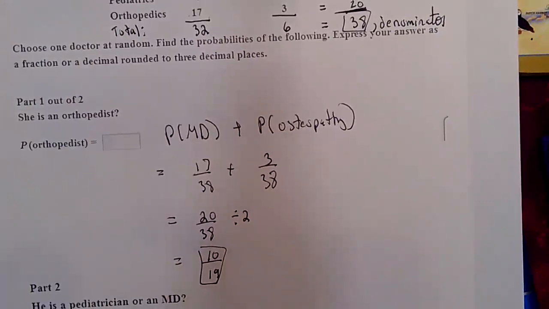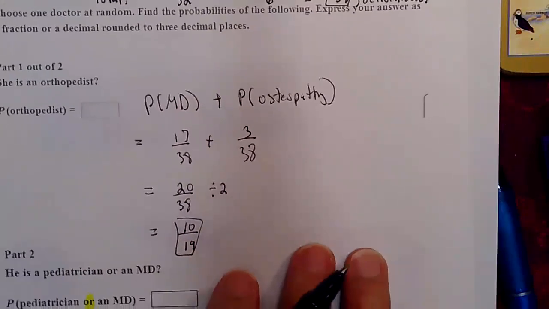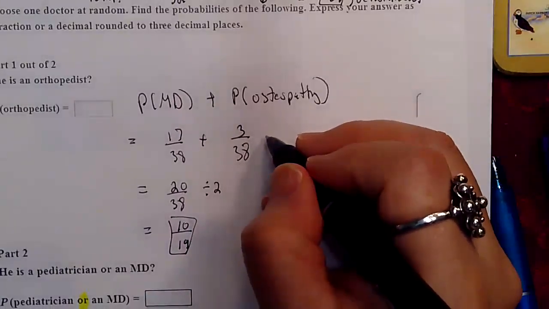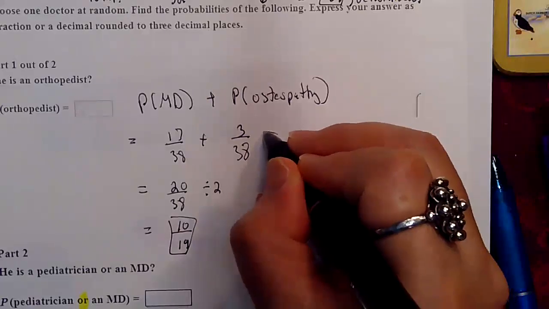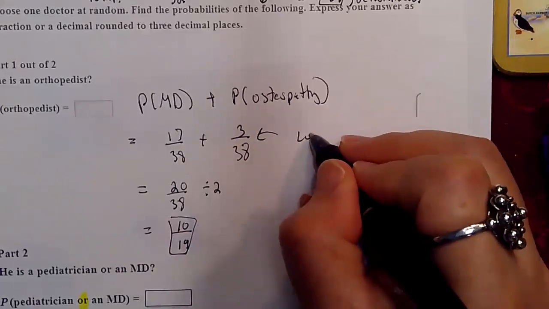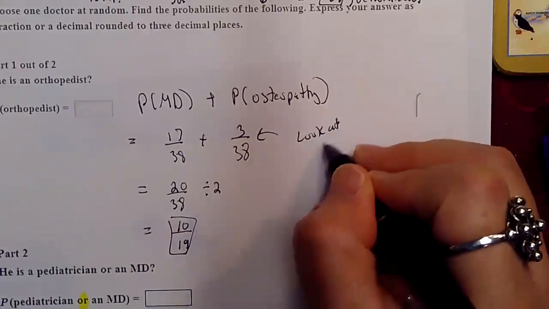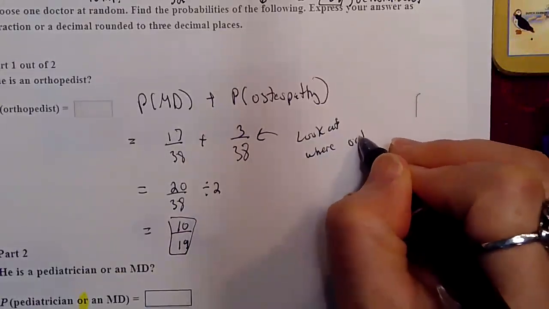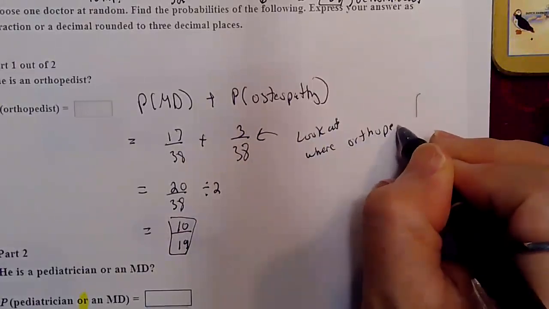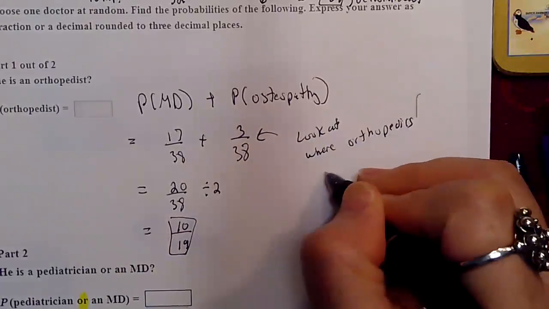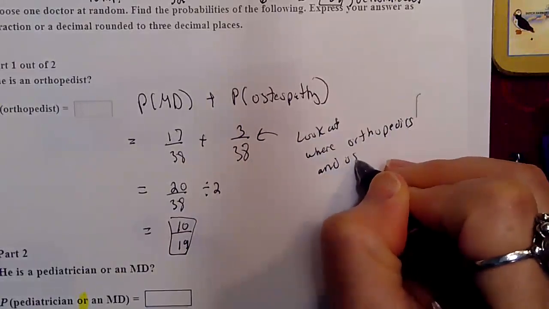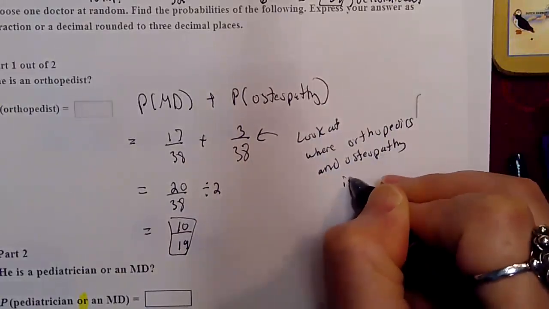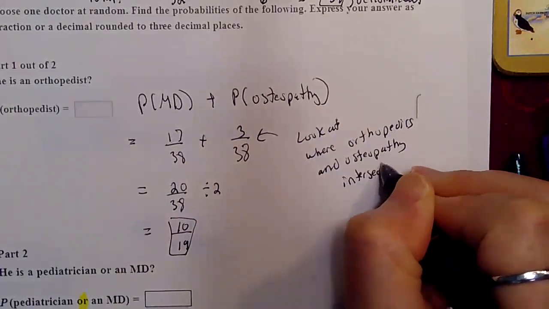Okay. So I'm going to just put a note here that when I got this fraction for the 3 out of 38, what you're doing is you're looking at where the orthopedics and the osteopathy intersect.